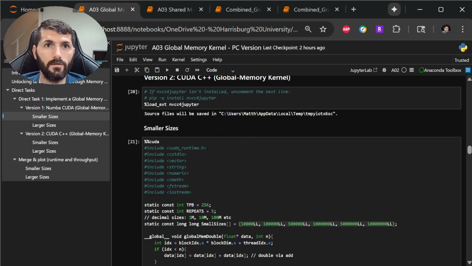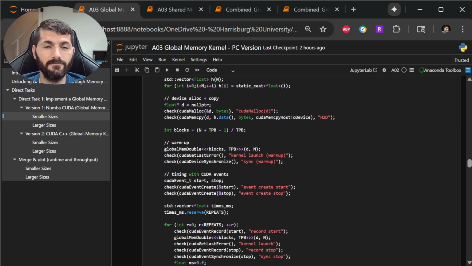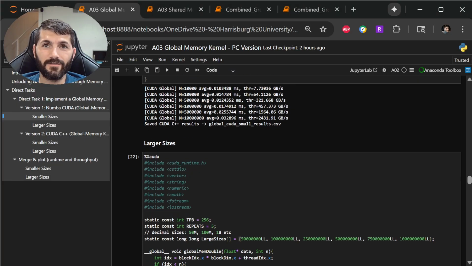And in CUDA C++, using this nvcc4jupyter library, it allows me to actually directly compile C++ and write that here in Python. It's really cool. So at smaller sizes, the speed is actually much faster.